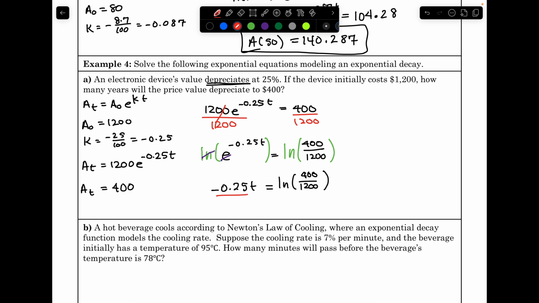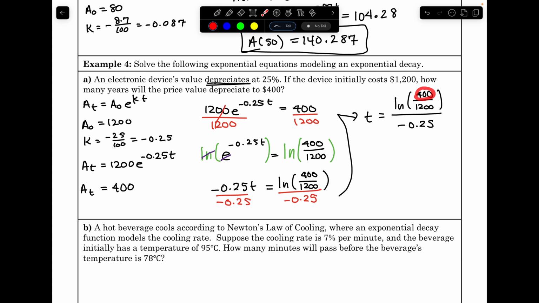We'll now divide by negative 0.25, and that is literally the only difference, that we're dividing by a negative number here. And t equals the natural log of 400 over 1200 divided by the negative value of 0.25. And because this is decreasing, notice that this ratio is going to be a number smaller than 1.